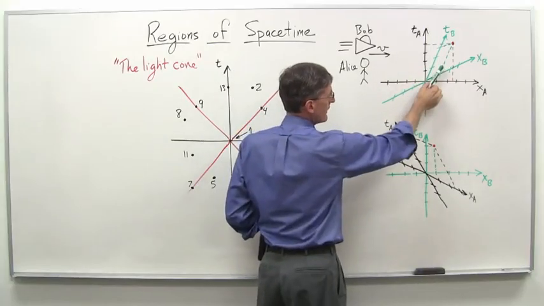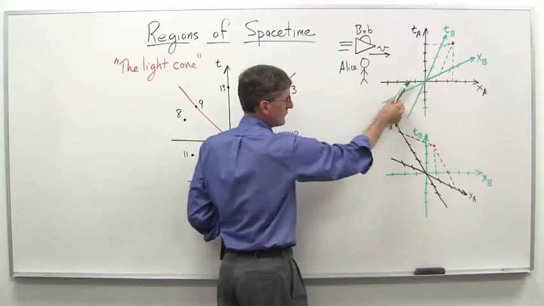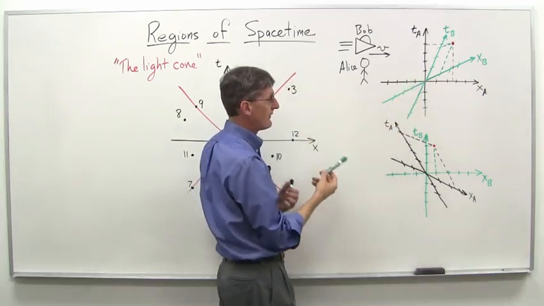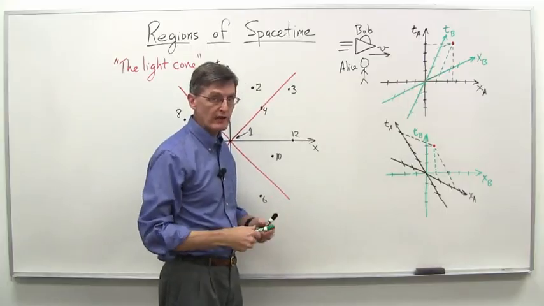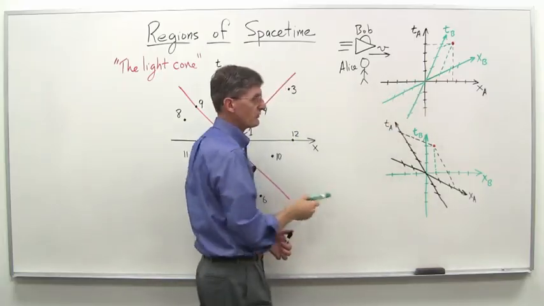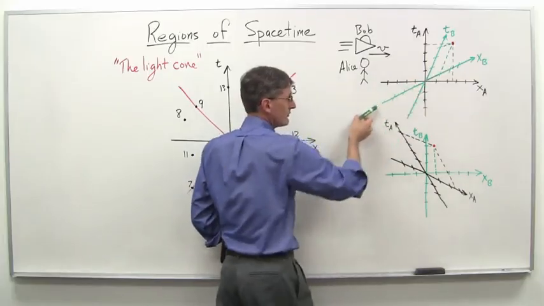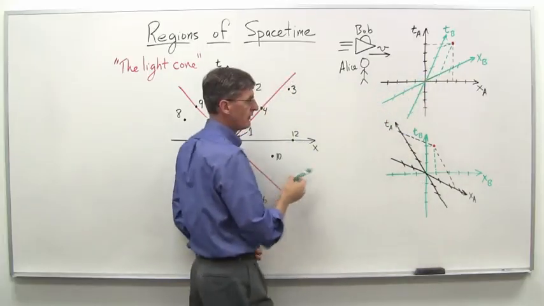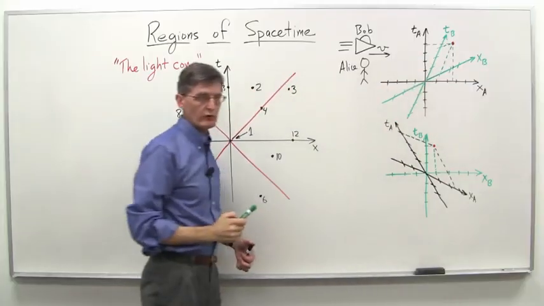And then the line for x sub b equals 1, 2, 3, and then negative 1, negative 2, negative 3, and so on and so forth. And then the lines of same time, simultaneity, are oriented parallel to the x sub b axis, because this is the line for t sub b equals 0. Anything that occurs at t sub b equals 0 is along there, and t sub b negative 1, negative 2, or 1, 2, 3, and so on and so forth.